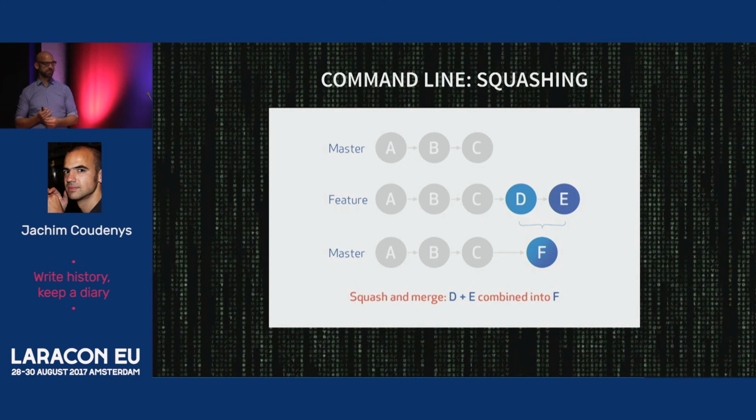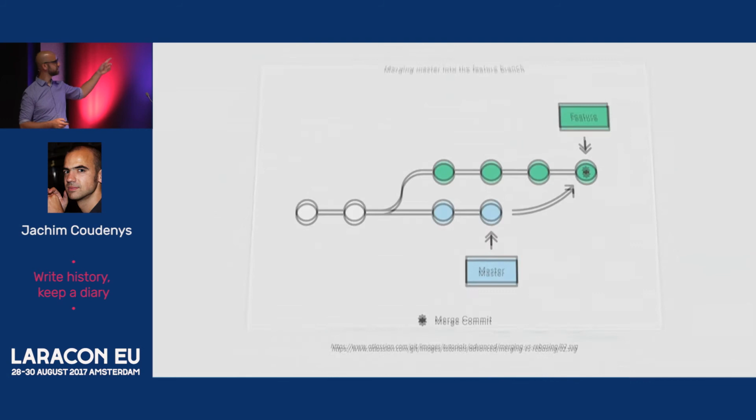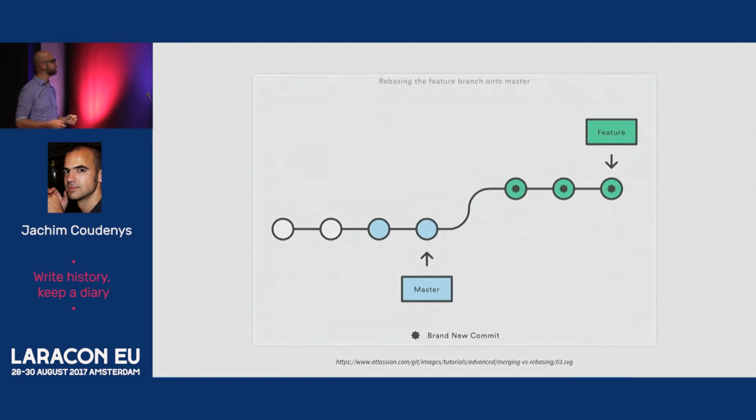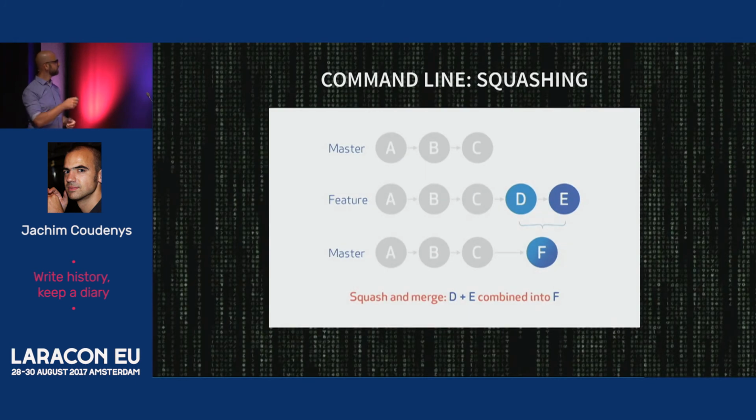There's another thing called squashing. I want to say the Git merge commits are good in the other way. So if you enter the feature branch and you want to put it in master, then a merge commit is excellent, but not in all the cases. There's something different, what's called squashing.